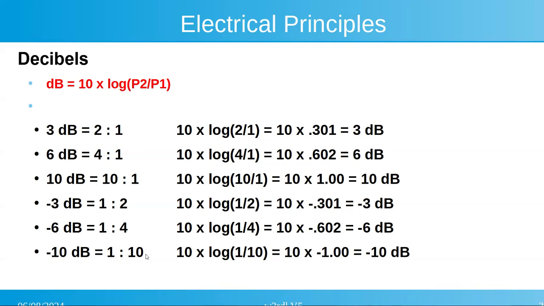So it's the same ratios, just reciprocal, and you put a minus sign in when it's less than 1. So 3, 6, and 10 are really the ones to remember. Well, and the minuses.